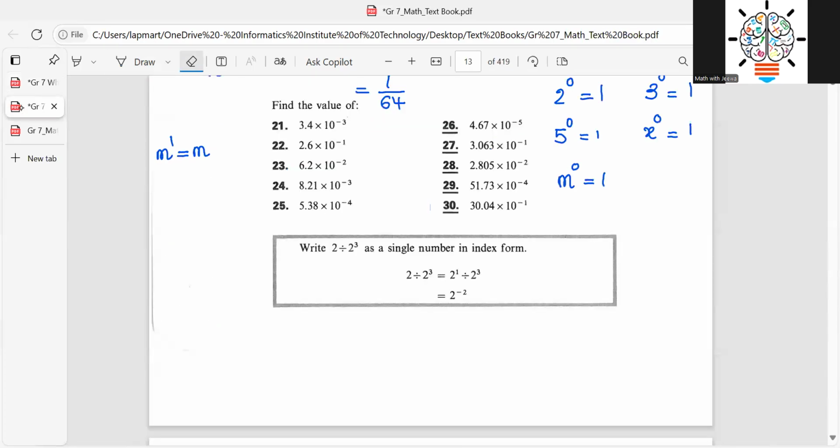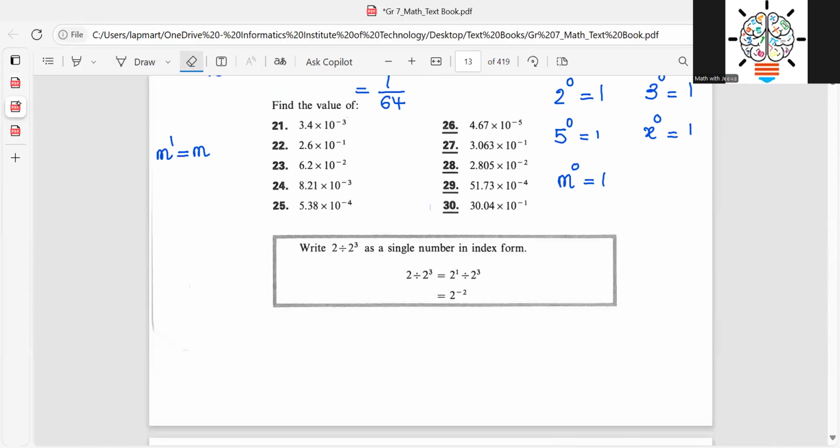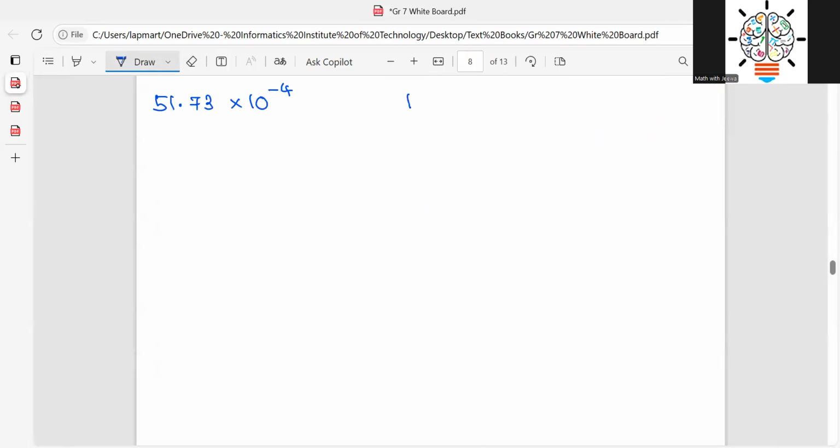So then we have come to the 29th question, 51.73. 51.73 multiplied by 10 to the power negative 4. Is that the correct question? 10 to the power negative 4, yes. So then 10 to the power negative 4, I write as 1 over 10 to the power 4, and then 1 over 10,000.